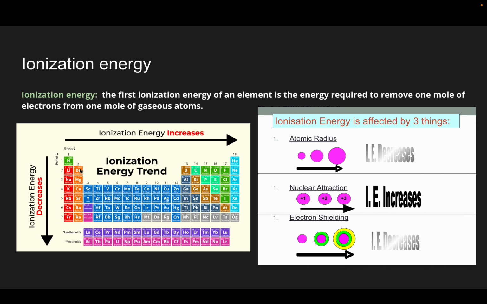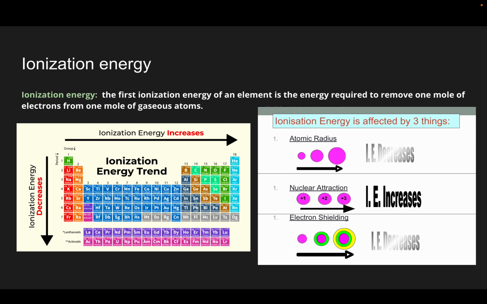It would be better to take, for example, lithium and beryllium. So here, as you can see, nuclear attraction in beryllium is higher because it has more protons, and this is why it's harder to take the last electron from beryllium than from lithium.